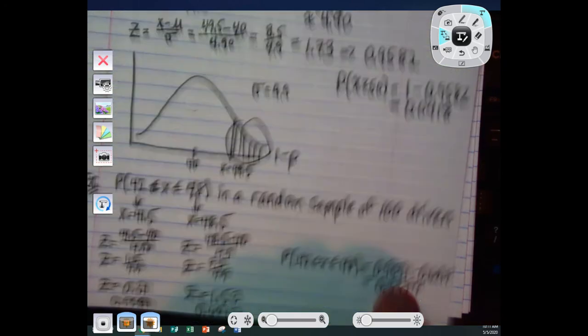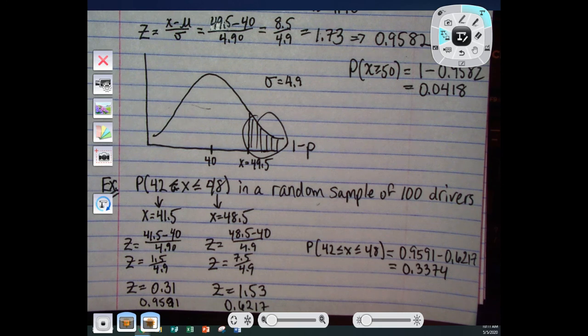So approximately 33.74% is the probability of selecting between 42 and 48 speeders.